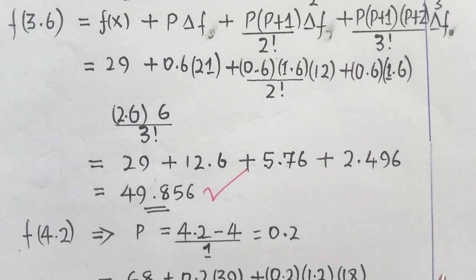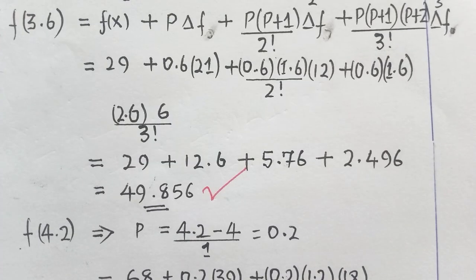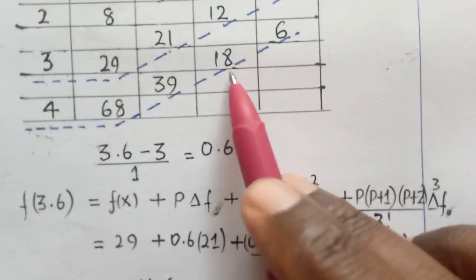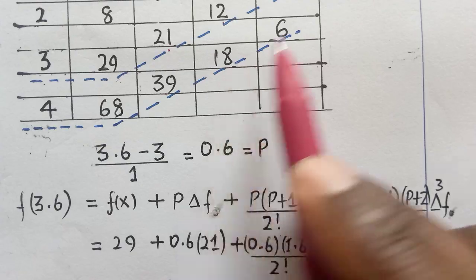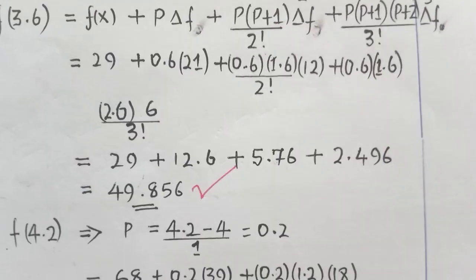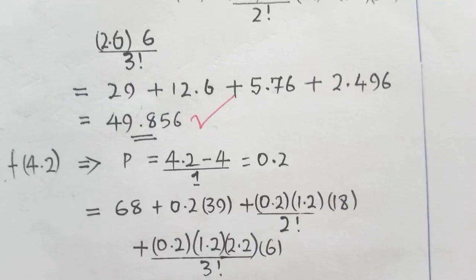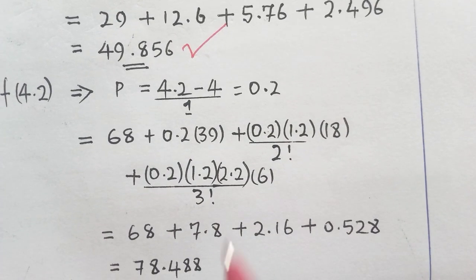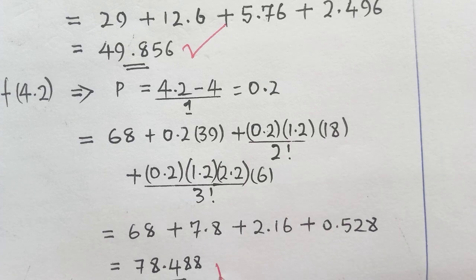And the third derivative, we have 18, as it is shown here. The second derivative, the third derivative will now be 6. And so this is how we do it, guys, until we get to that answer, which is 78.488.